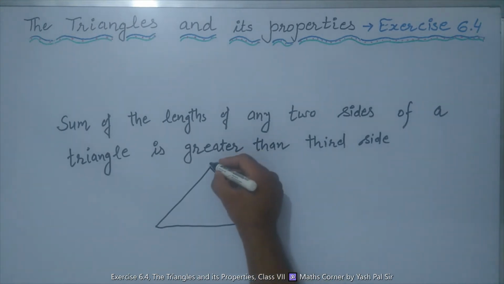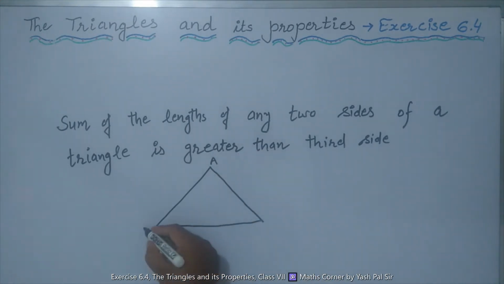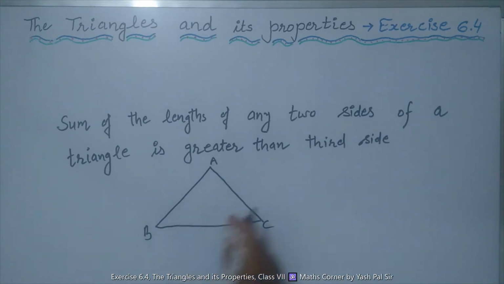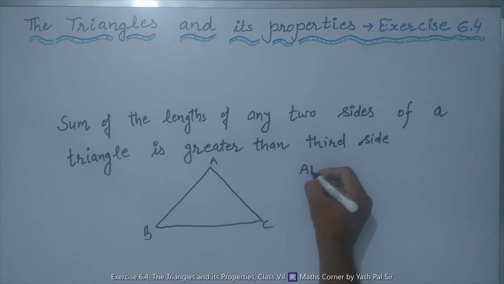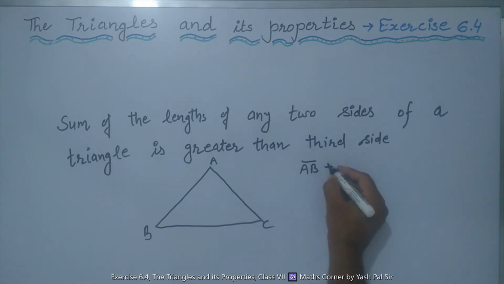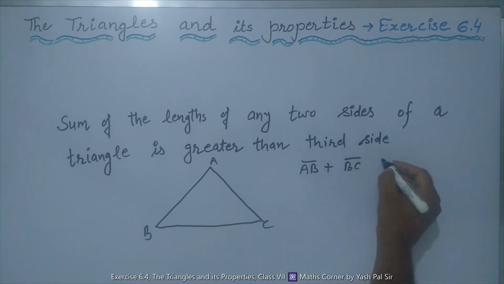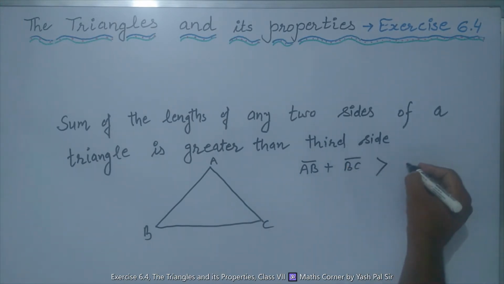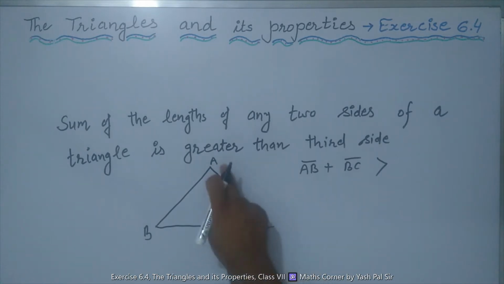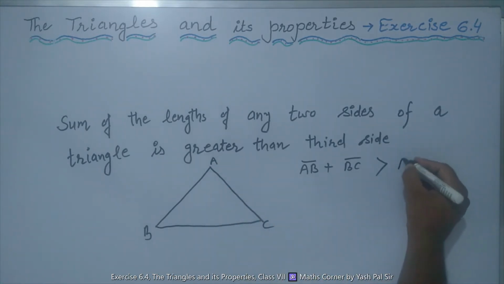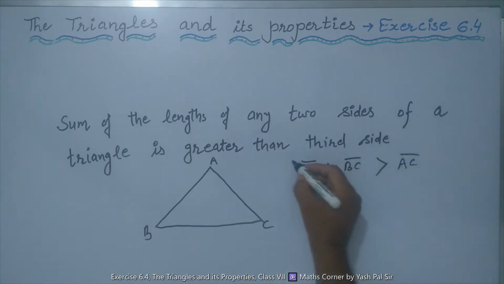So name of this triangle is ABC. Now if we add the two sides, that is side AB plus side BC, this will be greater than third side. What is the third side? AC is the third side.